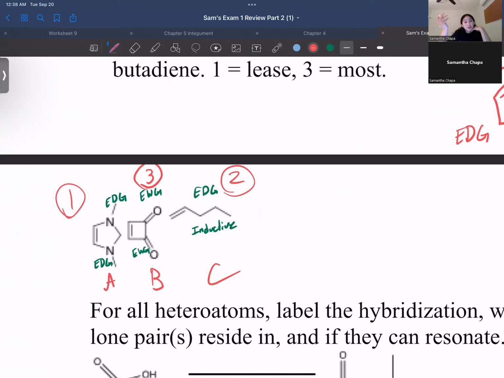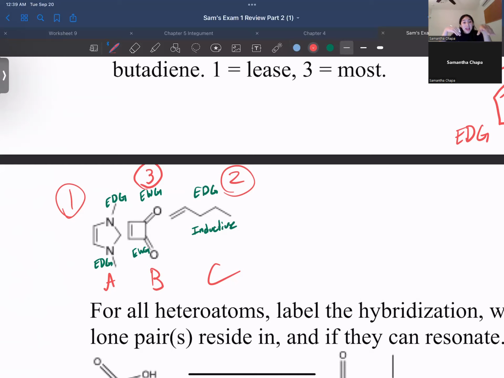So we prefer electron withdrawing groups, and if we can't have electron withdrawing groups, we want as few electron donating groups as possible. So if we're donating through the inductive effect, that's a pretty small amount of donation. So that's why we would say number 2 would react the second fastest.